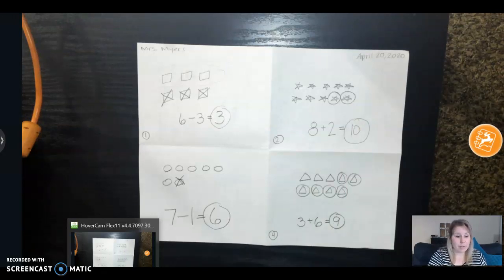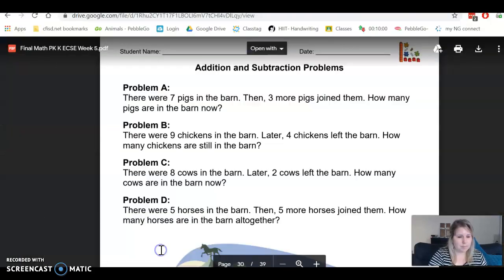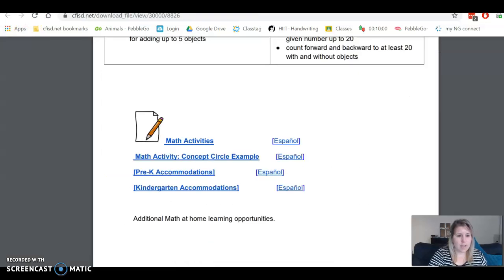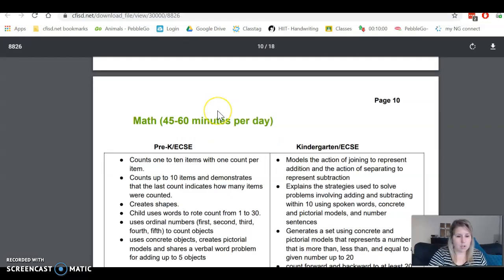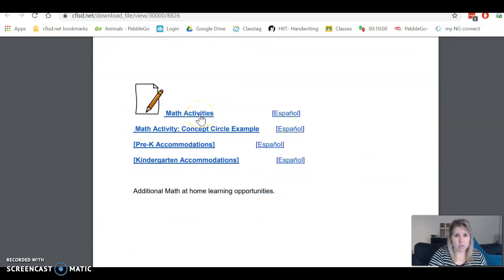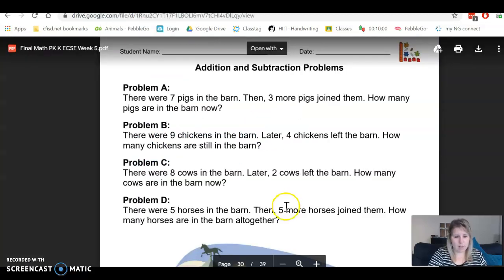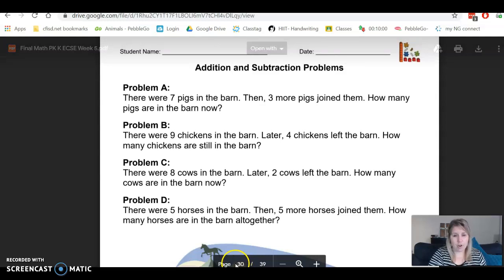Now let me show you where to find your work. So if you're on the online packet, you're going to scroll down to the math section. You'll choose math activities. And then you're going to scroll down to page 30.